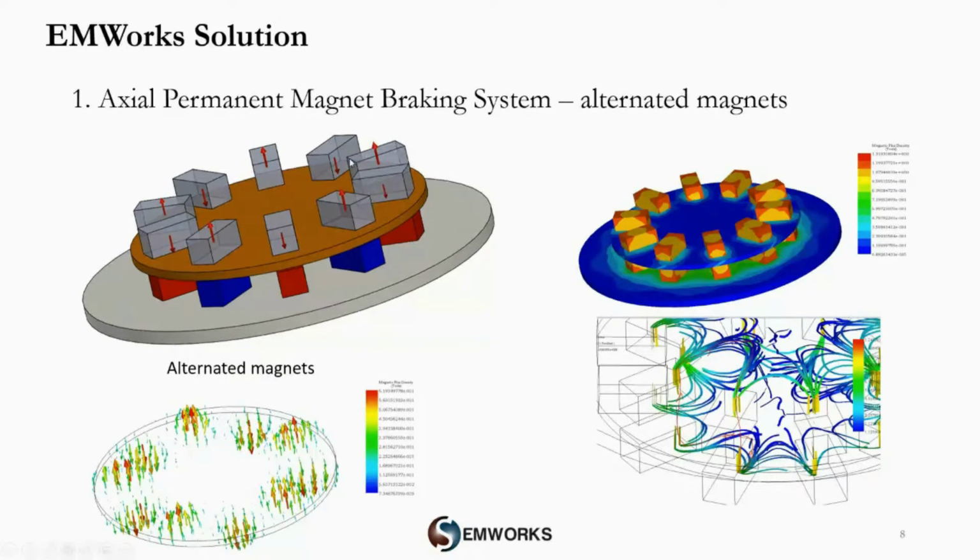Why? Because the magnetic circuit is closed: it goes from one magnet, through the disk, and then through the other magnet. As you see here in this magnetic flux density, that is how the magnetic circuit closes.